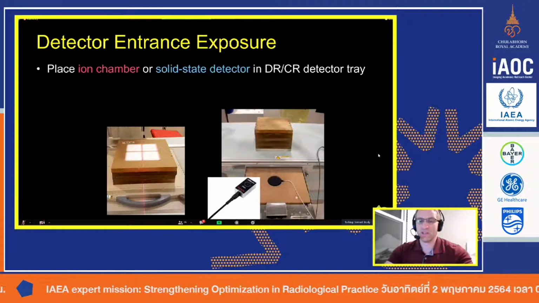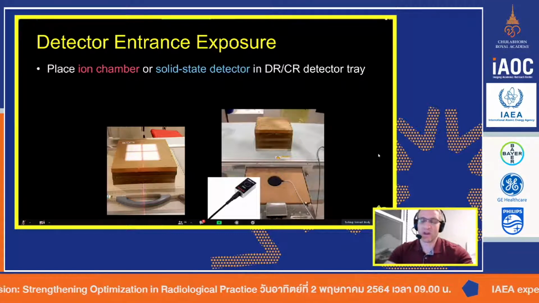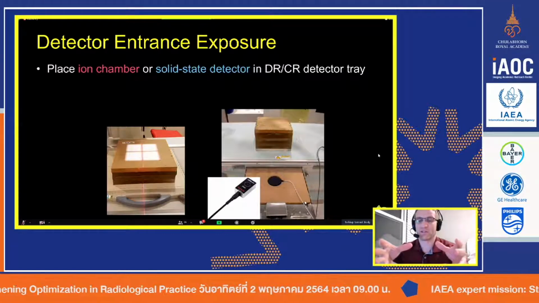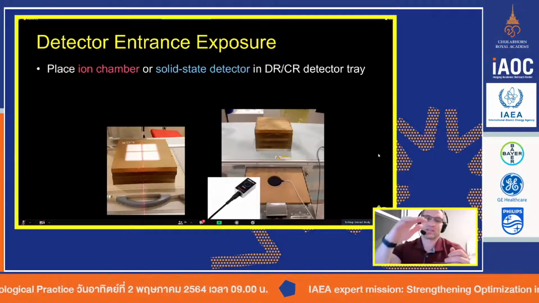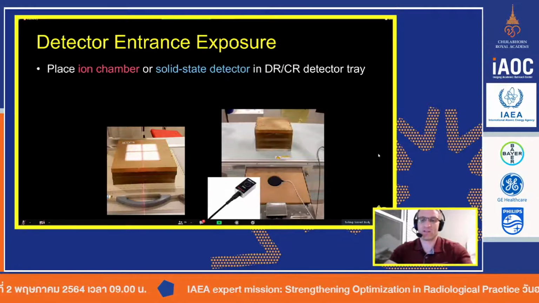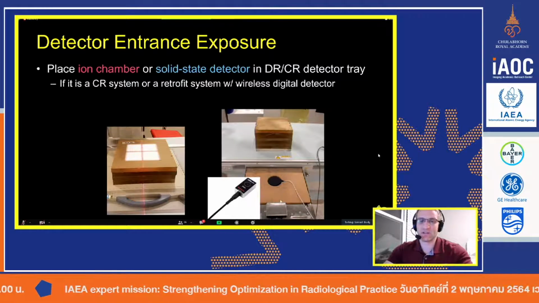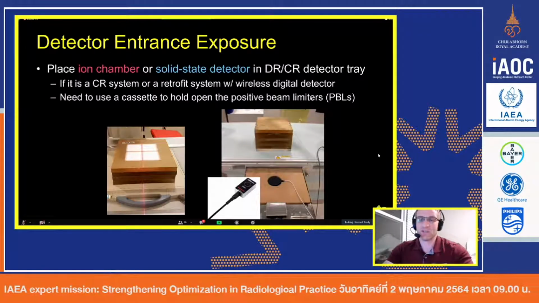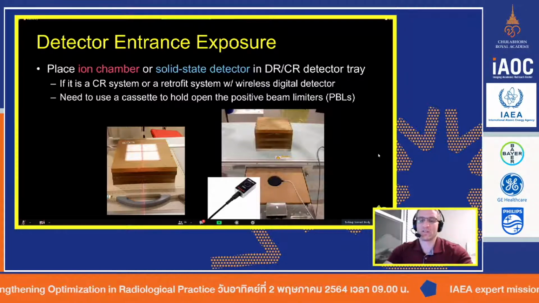Well, then what you need to do is create a kind of cutout. I personally have an old CR plate where I've taken the top off it, and I've taken the CR plate out of it, and it's just an empty cassette that I can put in. You need to place it so that the positive beam limiters, these limiters right here, will lock into place.